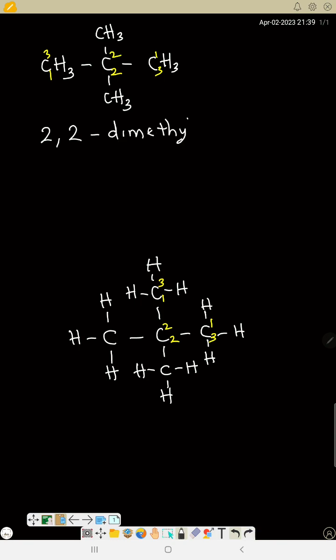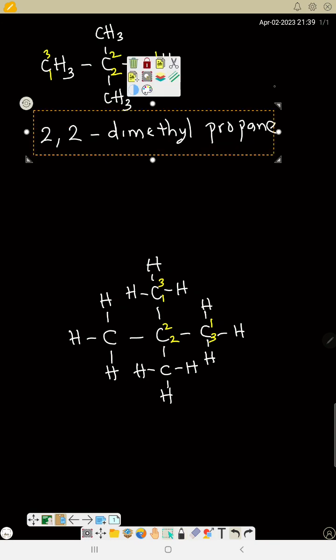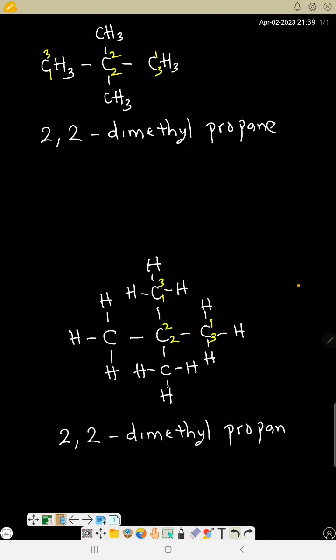The same thing with the other one too, 2,2-dimethyl propane. The same thing with this, because if you look at this carbon now, this is an attachment. They are both attached to the second carbon. So 2,2-dimethyl propane. So let's say another one.